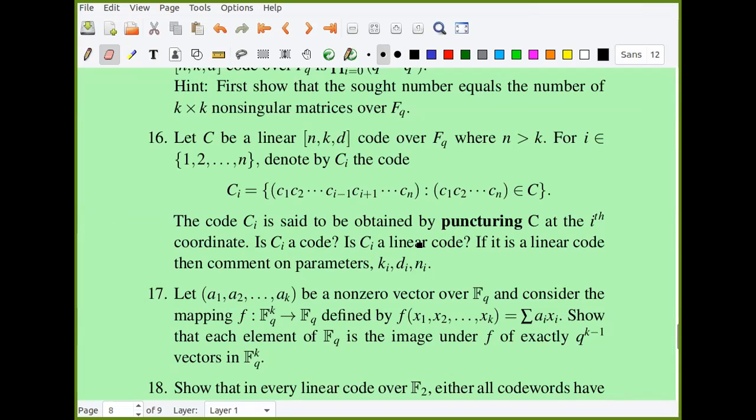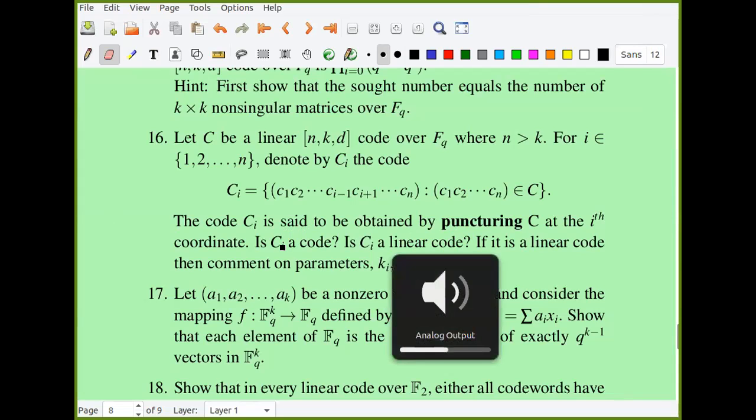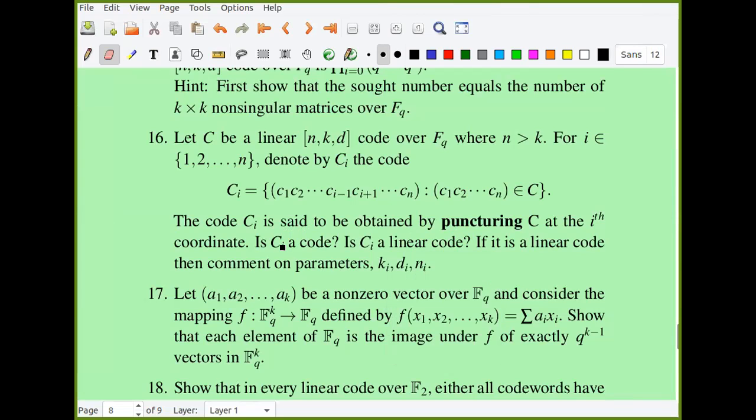Linear code it is possible. How do you do it? Just take the parity code. You can add all of them, then we'll get n plus 1, right? Okay, good. So you work it out.